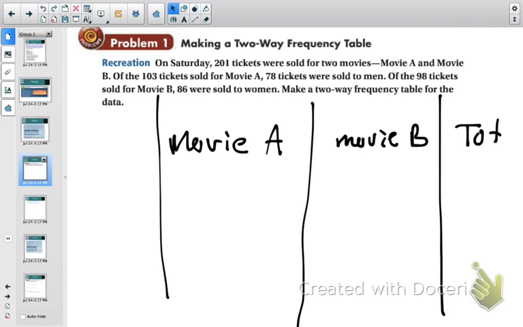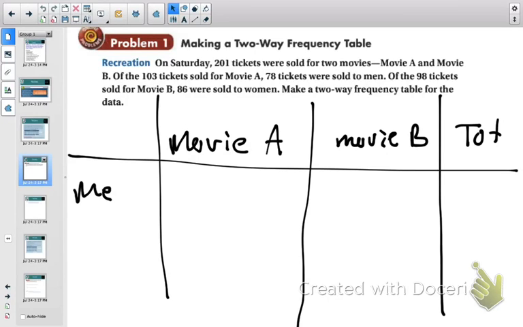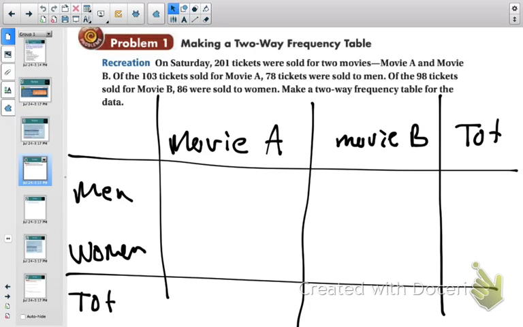Of the 103 tickets sold for movie A, 78 were sold to men. Put the men here. And then 86 were sold to women, so women down here. And then again, we need room for a total. So here is our setup. Voila. Now we just got to fill in some numbers.